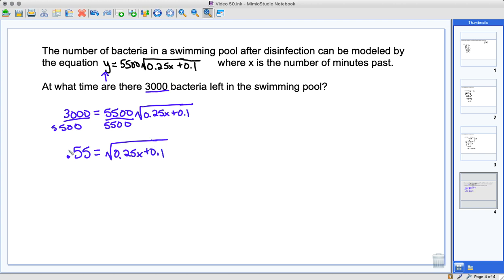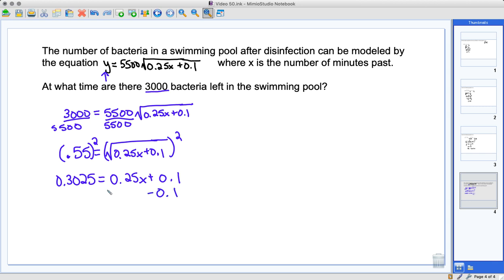Now we have to get rid of our square root, so we square both sides. 0.55 squared is 0.3025 equals 0.25x plus 0.1. Lots of decimals, it's okay.